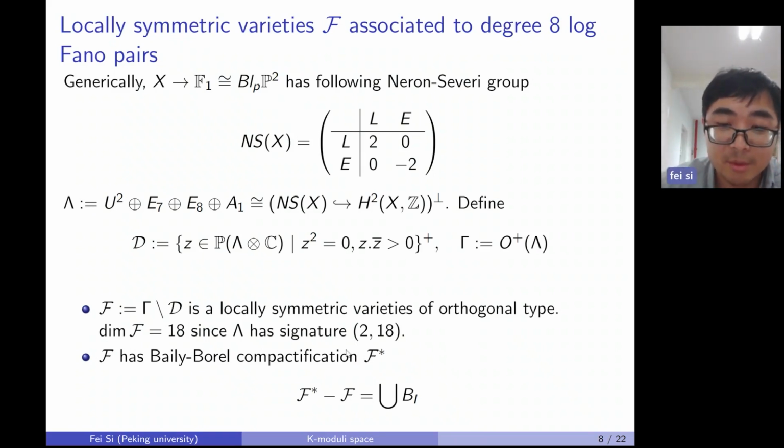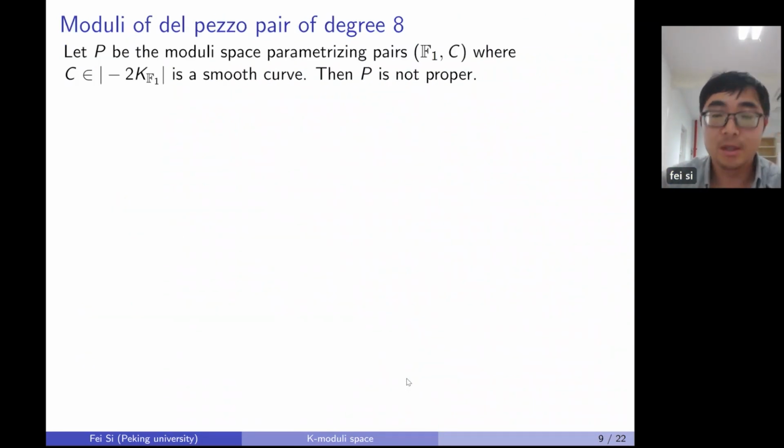So your boundary dimension is at most 1. Okay. So if we consider the moduli space of these pairs, it will not be a proper space. So the machinery we discussed before will provide several compactifications.